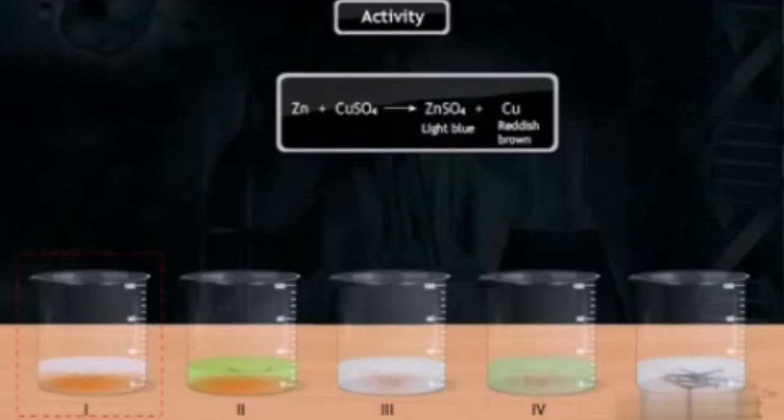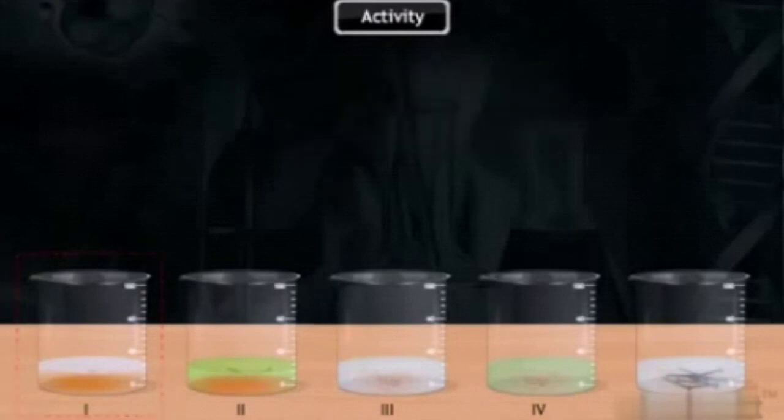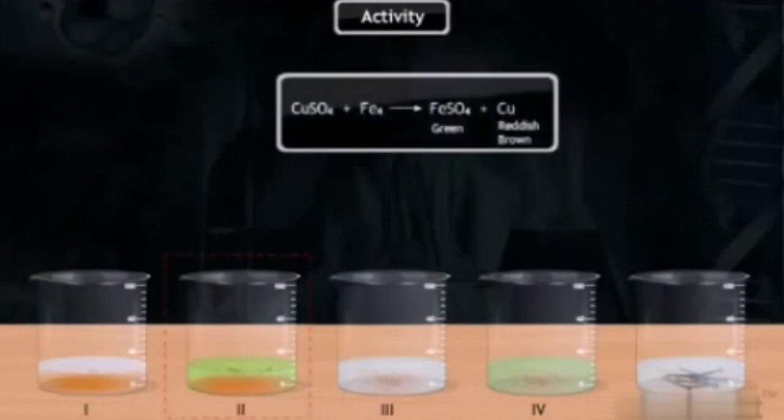Similarly, in beaker 2, iron replaces copper from the copper sulfate solution. Hence, the color of the solution changes from blue to green and a reddish brown substance gets deposited on the iron nail.